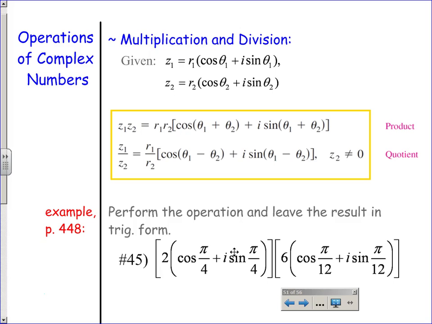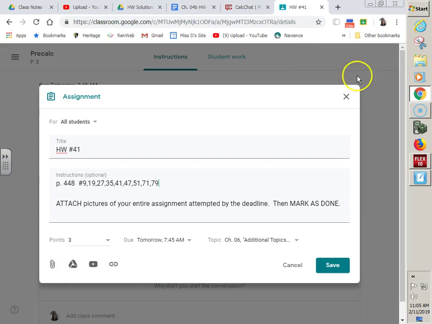And if you guys notice, the r's always kind of combine in one way, and the thetas always kind of combine in a different way.